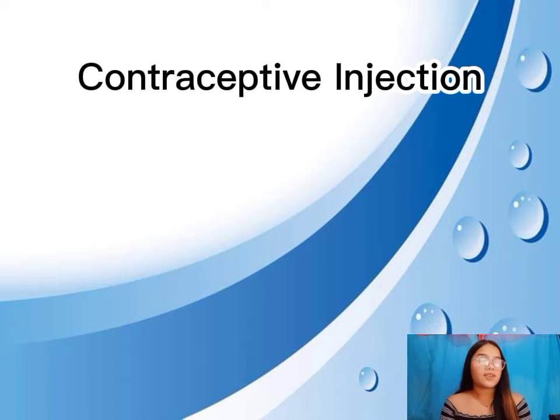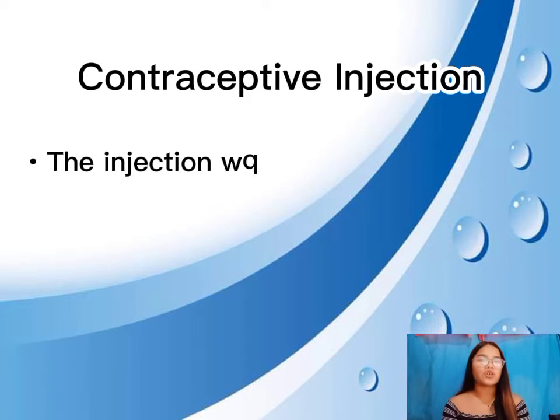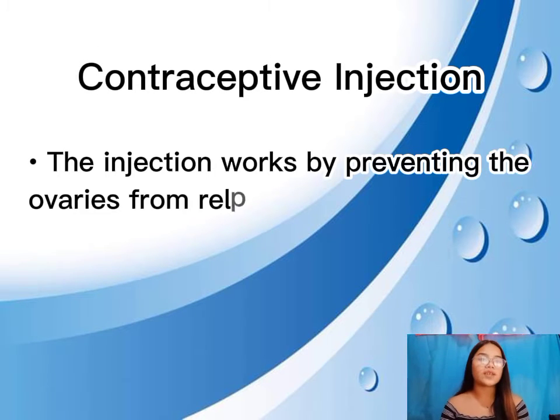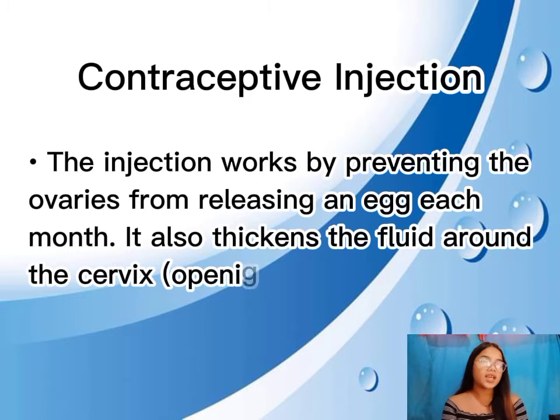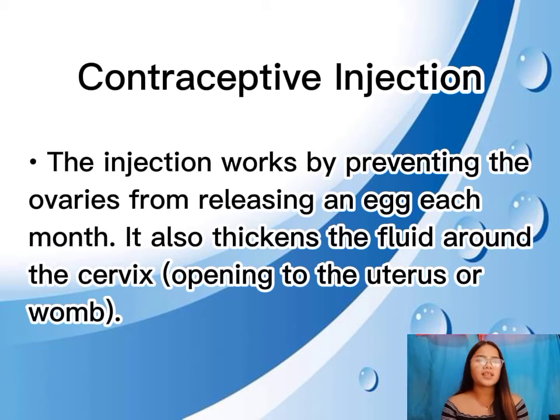For the contraceptive injection, the injection works by preventing the ovaries from releasing an egg each month. It also thickens the fluid around the cervix, the opening to the uterus or womb. This helps to prevent the sperm from reaching the egg.